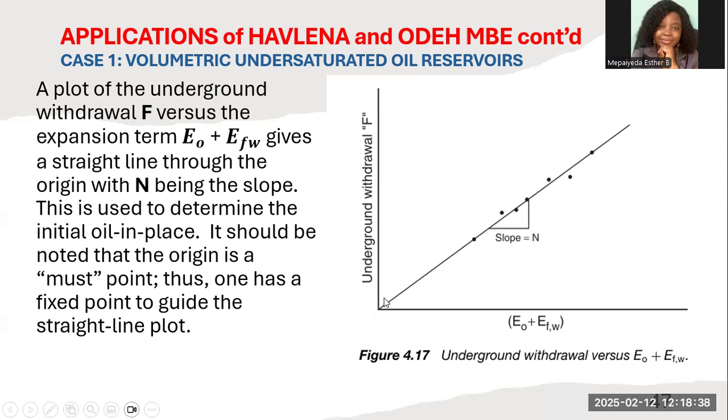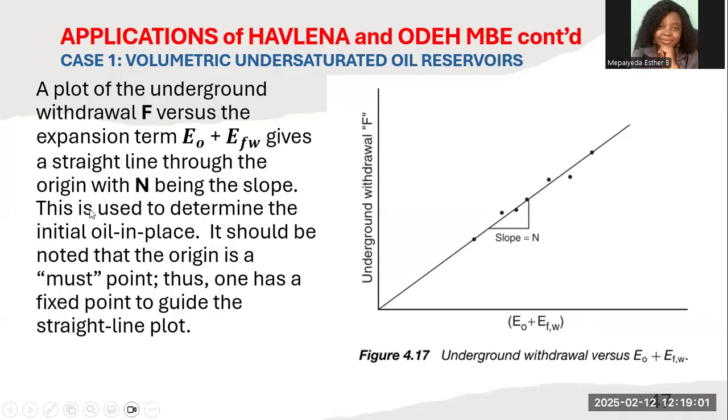And you have to note that this origin is a control point. Anytime you have a plot like this and it goes through the origin, you know that what you have to have is a straight line. So it's like a guiding point for you, this origin. Your plot has to go through the origin based on Havlena and Odeh estimation.